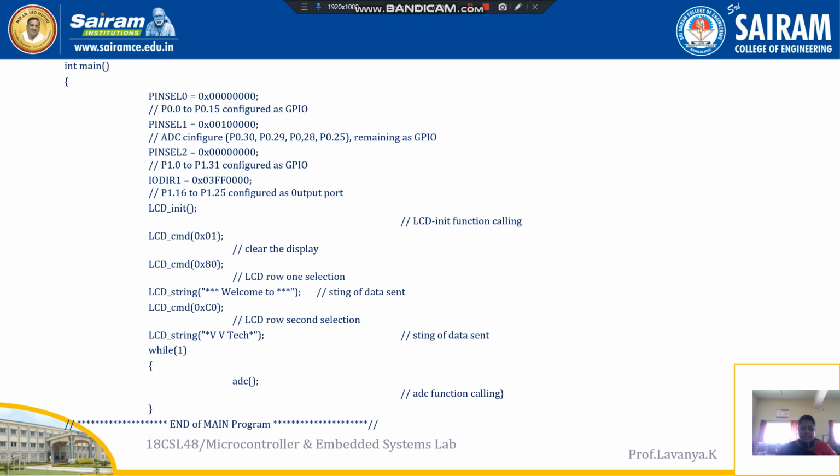Before that, I am going to explain the pin selection 01. It is going to convert our port 0 pin 28 into the ADC function, which means that port 0.28 is brought into the analog to digital conversion function.